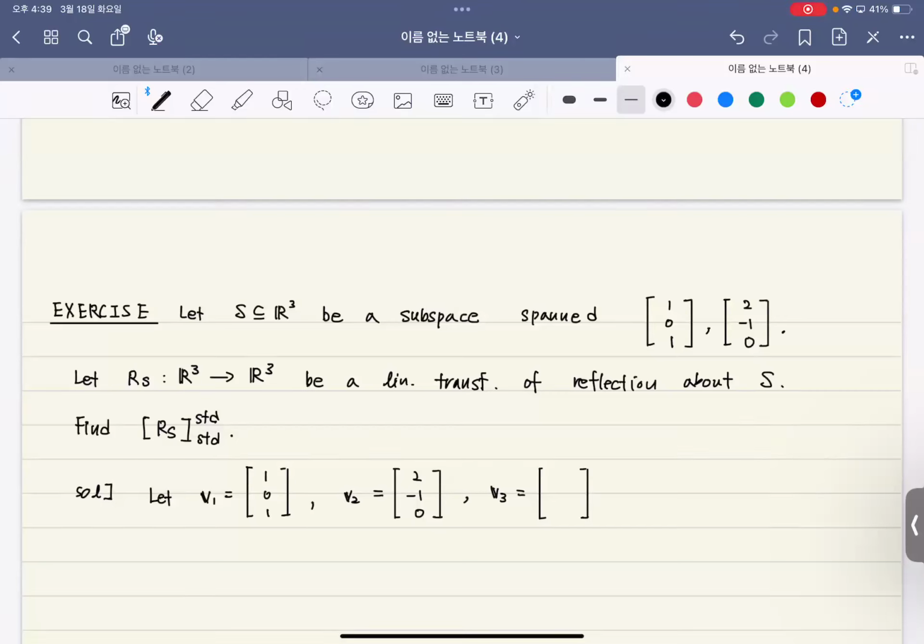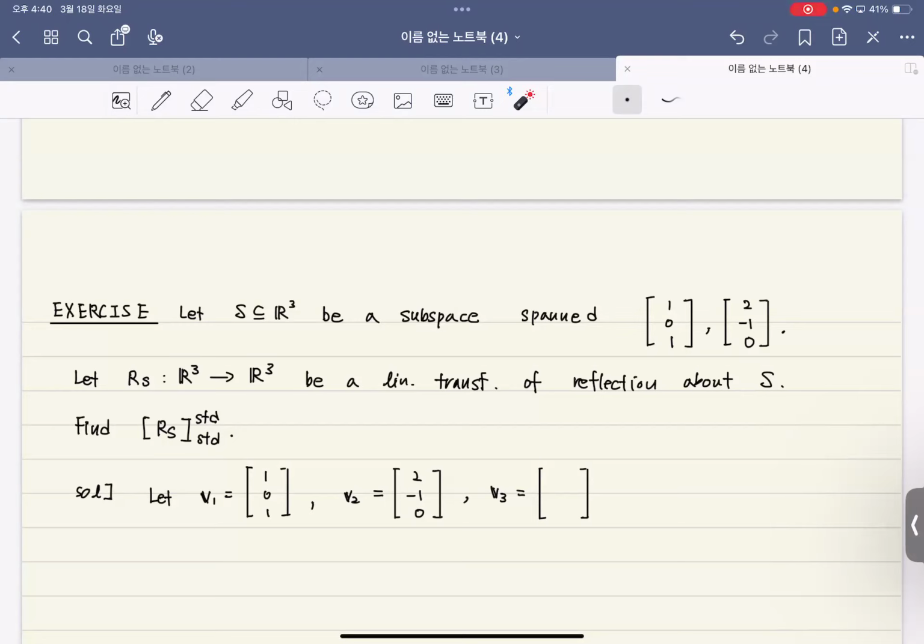I have chosen these two vectors, and for the last vector, I am trying to choose the basis vector for R3. I set V1 and V2 to be the same as these two vectors. For V3, I want it to be perpendicular to V1 and V2 simultaneously. Do you think you can find such a vector V3?